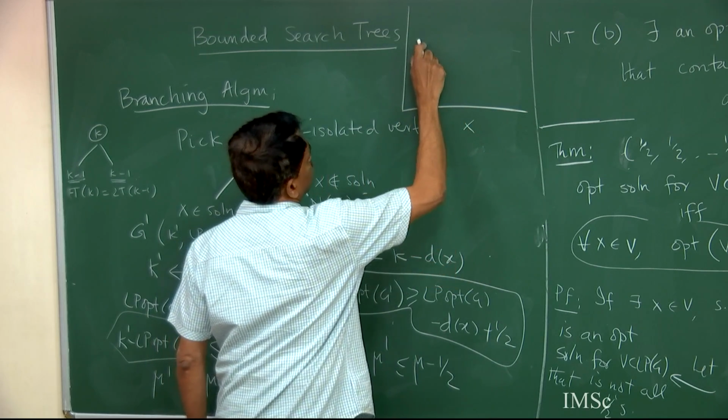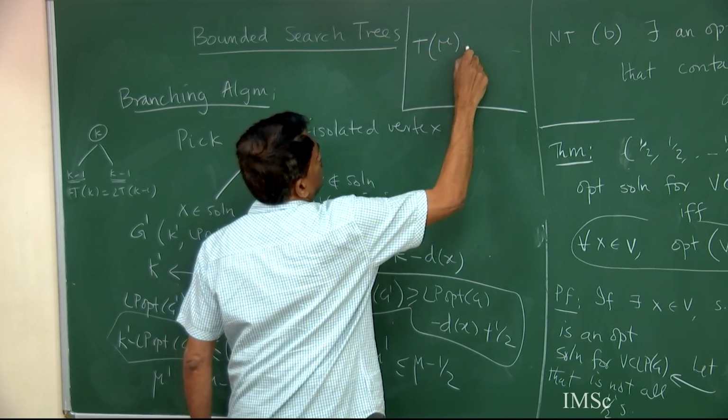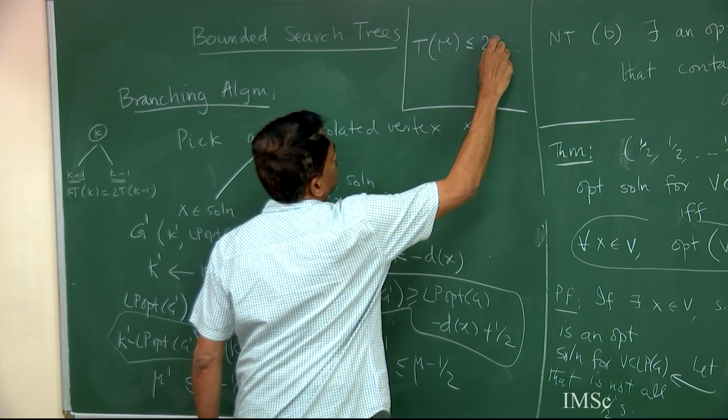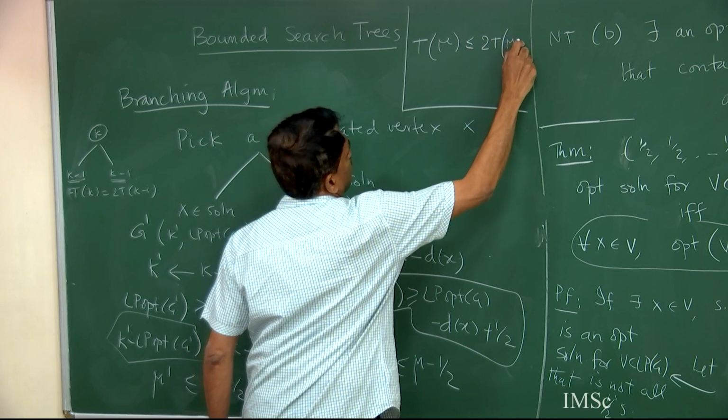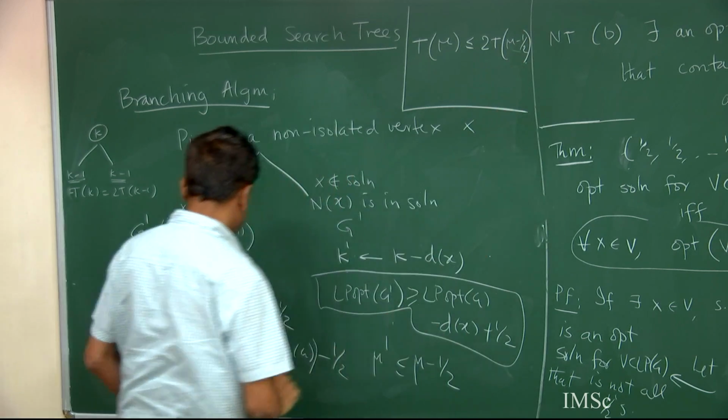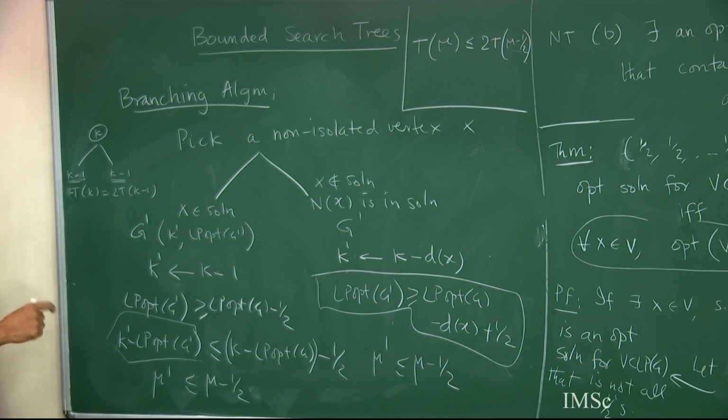So, the recurrence relation would be T of mu is less than or equal to 2 times T of mu minus half, where mu is this difference, K minus the LP opt. So, what is the solution to this recurrence?